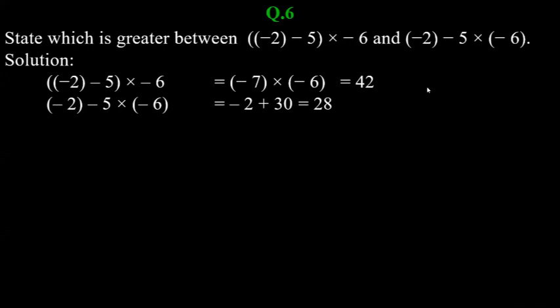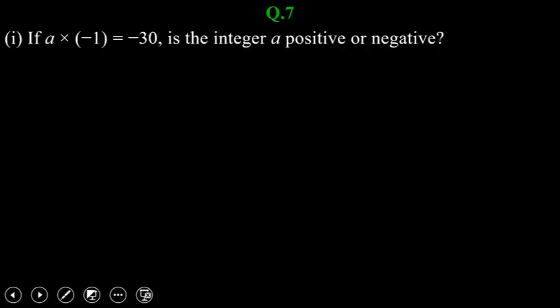And check the calculation mistakes. There should not be calculation mistakes. If a into -1 is -30, is the integer a positive or negative? Arush, Ashrit correct. Siddhi, think again. Samarth, Akanksha, correct.